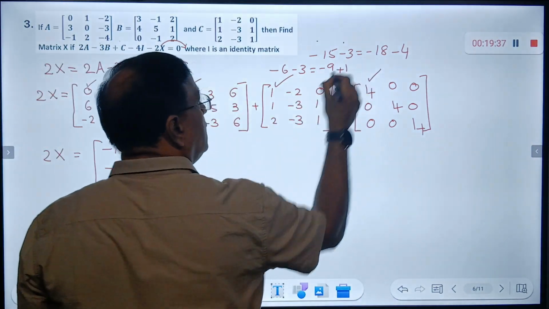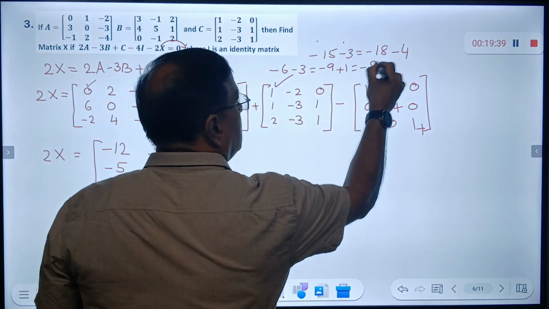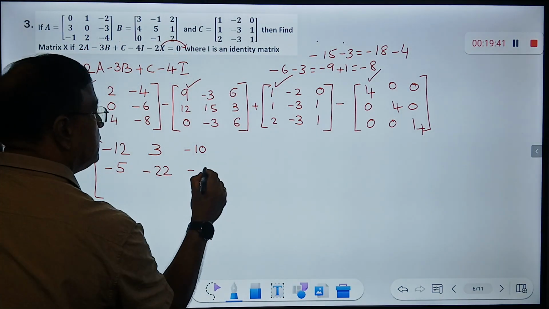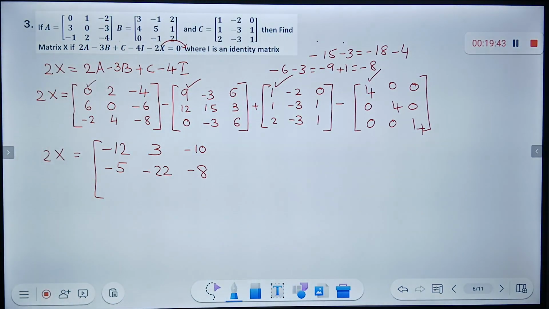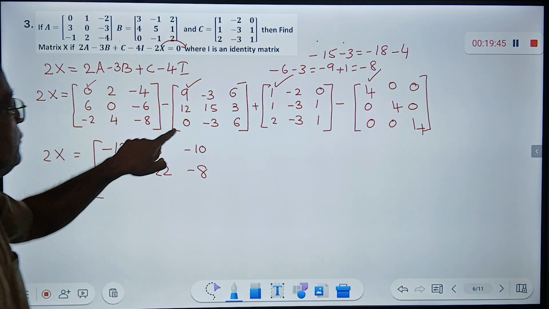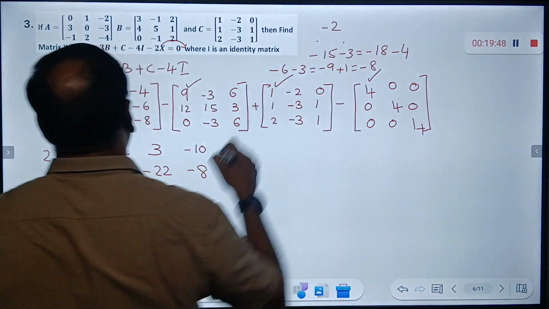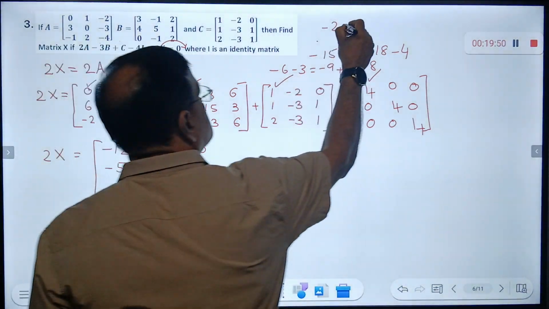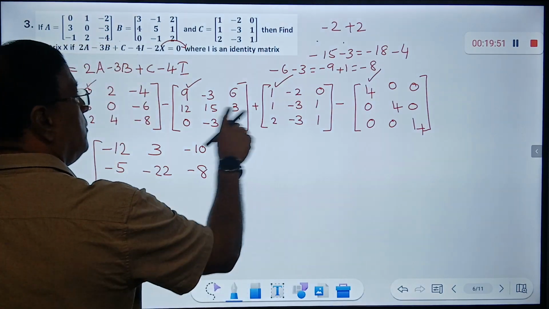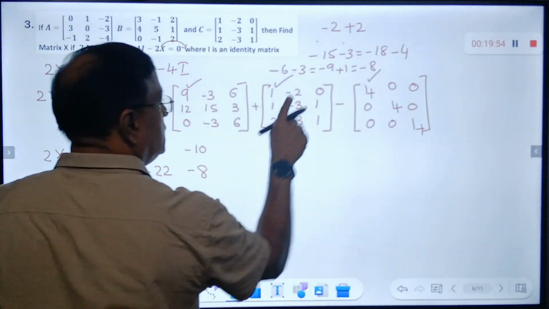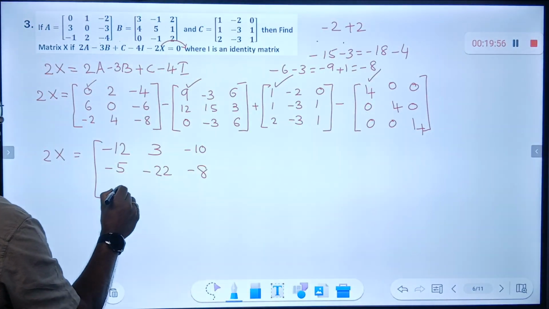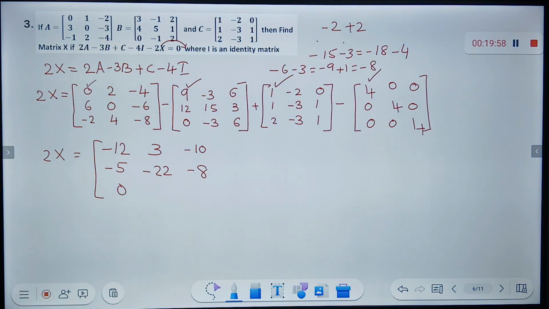Minus 9 plus 1 is minus 8. And this element is 0, so minus 8. Then minus 2 minus 0 is minus 2. Minus 2 plus 2 is 0. Here it is 0, so it is 0.